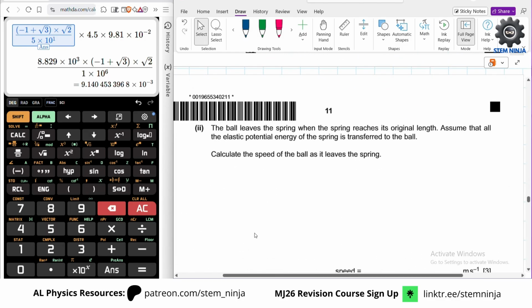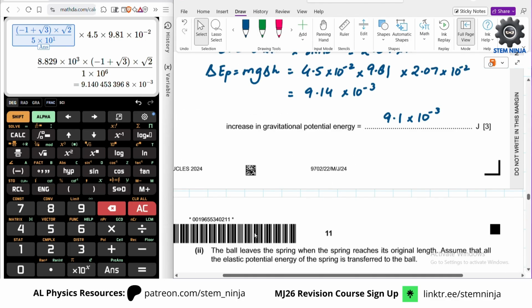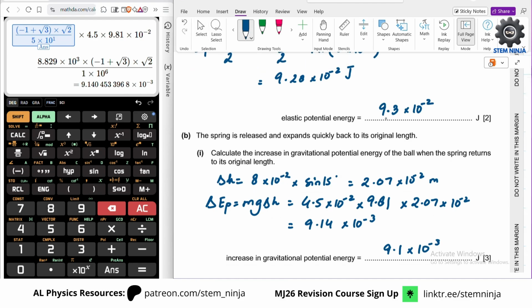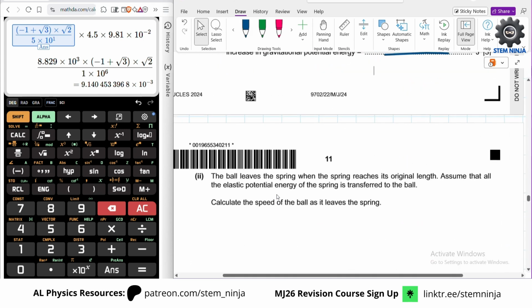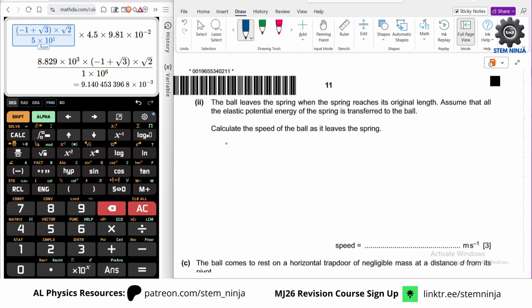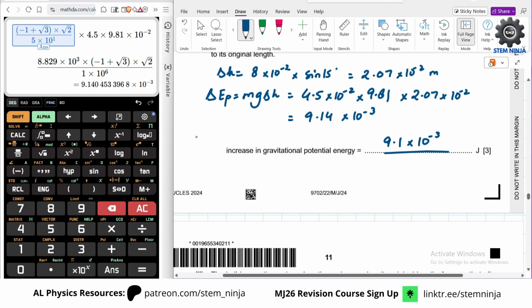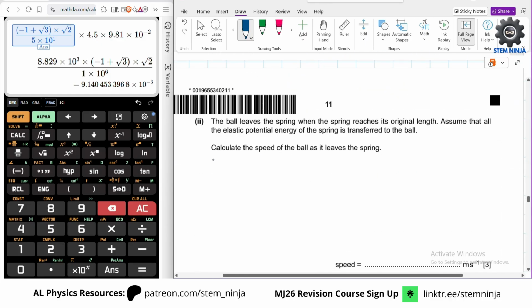The ball leaves the spring when the spring reaches its original length. Assume that all the elastic potential energy of the spring is transferred to the ball. Calculate the speed of the ball as it leaves the spring. The total elastic potential energy is partly changed into an increase in gravitational potential energy, and some is converted into kinetic energy.